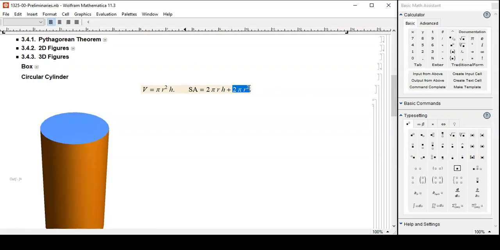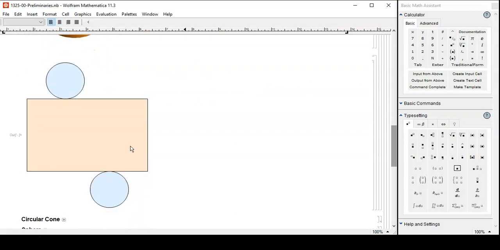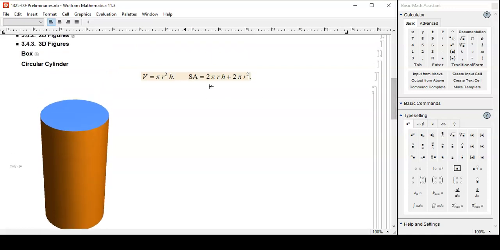And then how about the side rectangle? Height is here, and then the width will have to match the circumference of the top and bottom circles. That's why we have 2 pi r times h. So that's how you get the surface area for a circular cylinder.